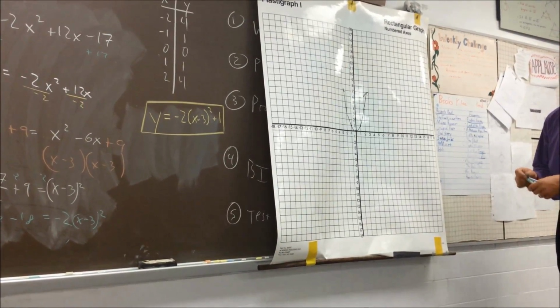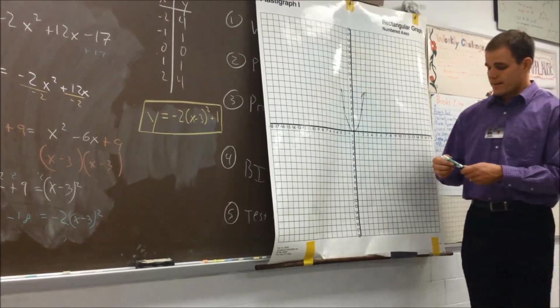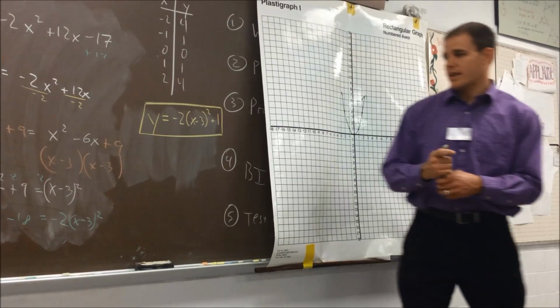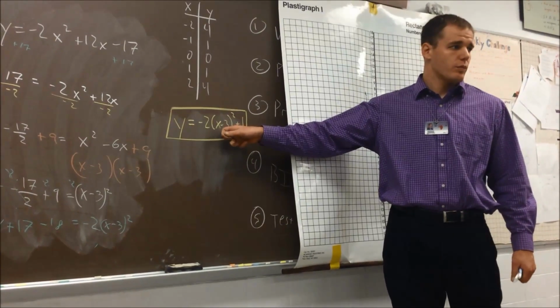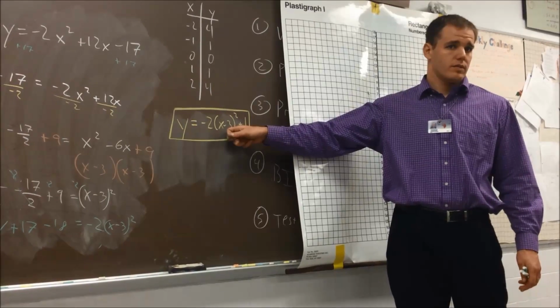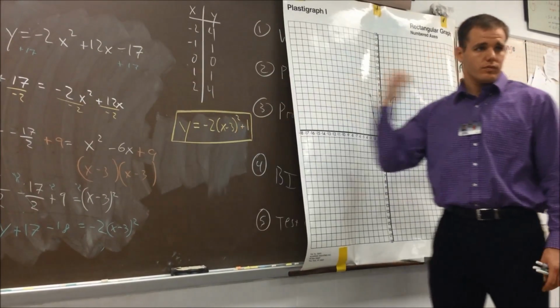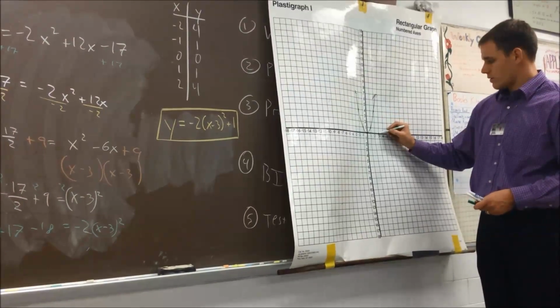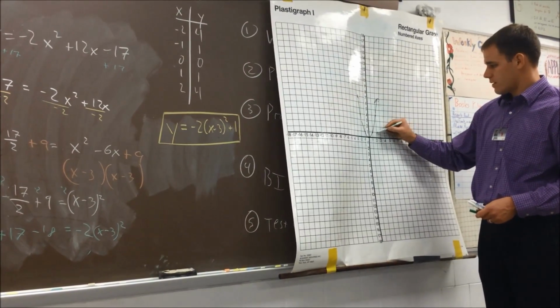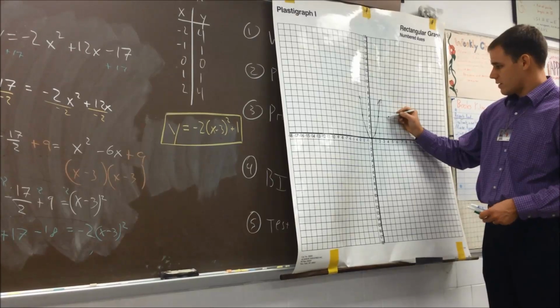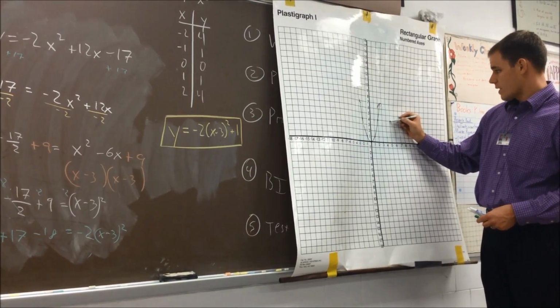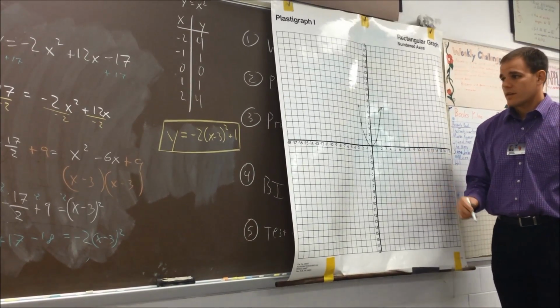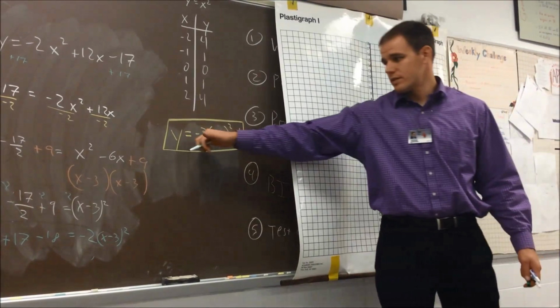So let's graph this. Take my graph here and start inside the parentheses. Move it which way? Right 3. So it's going to start right here. And what does the -2 do?